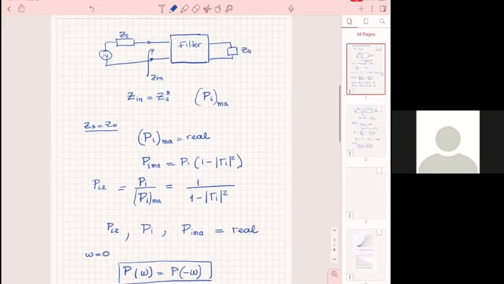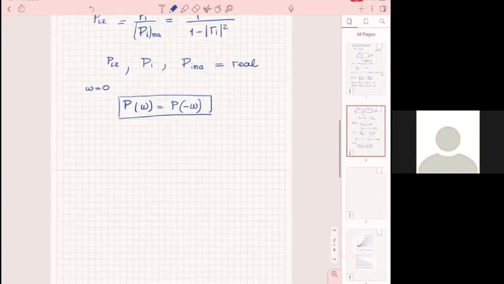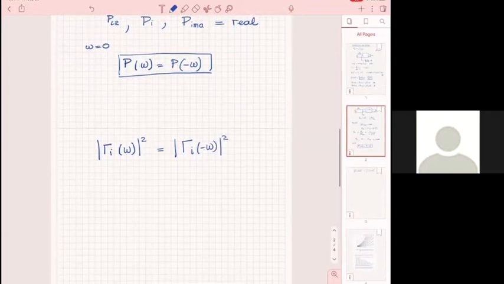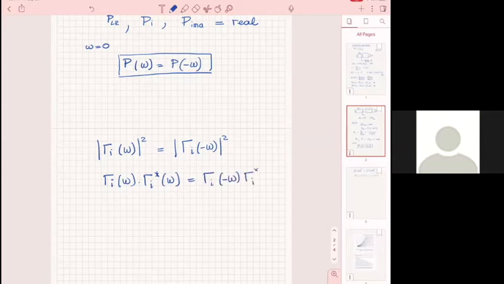The way we explained the Z input and Z output, if this is true, then practically I have that gamma I of omega times gamma I complex conjugate of omega is the same as the entity where I could replace every omega with minus omega.